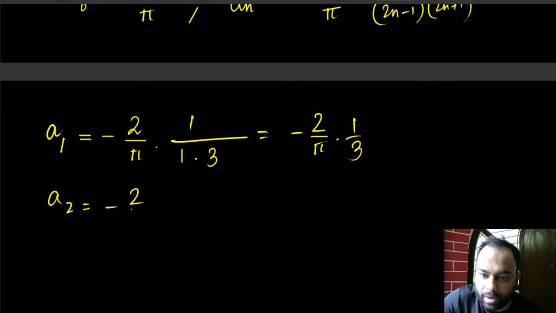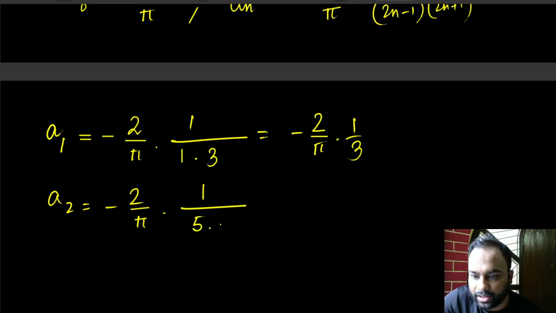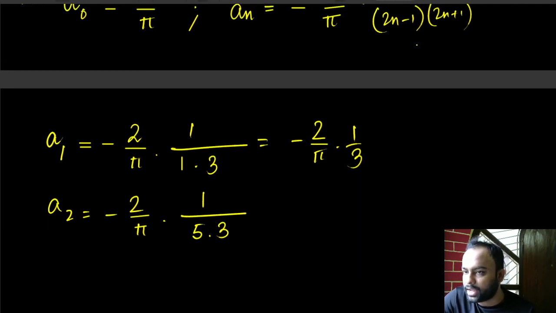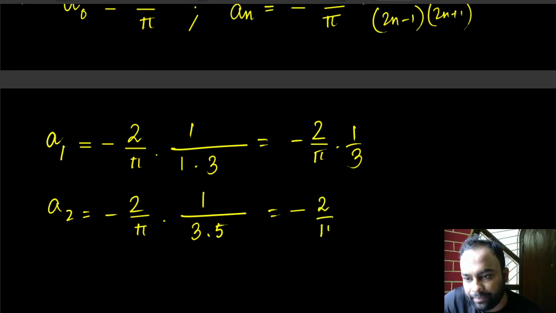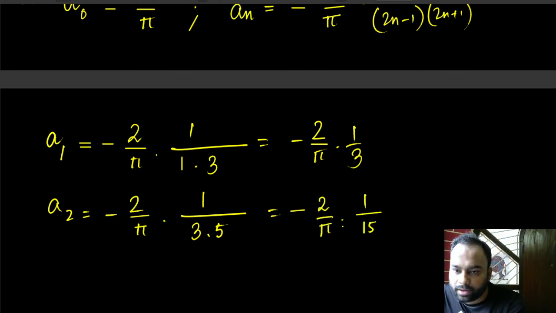A2 is minus 2 by pi into 1 by 3 into 5, so minus 2 by pi into 1 by 15, right?